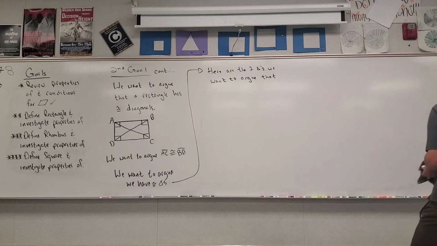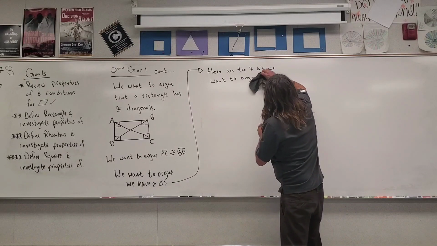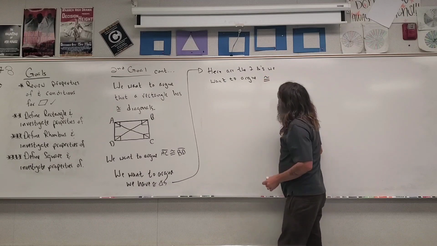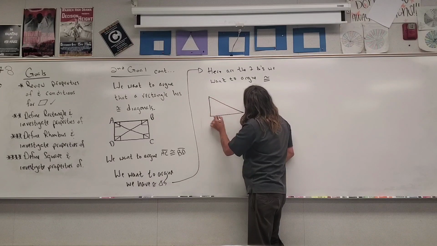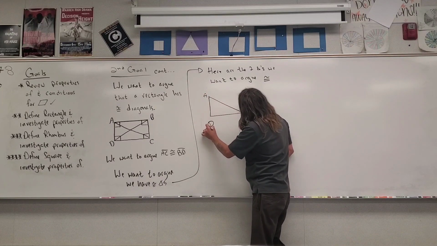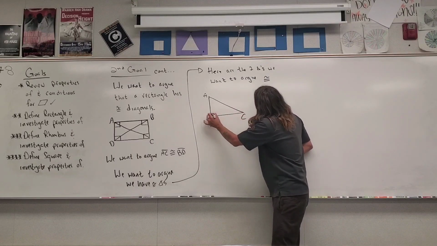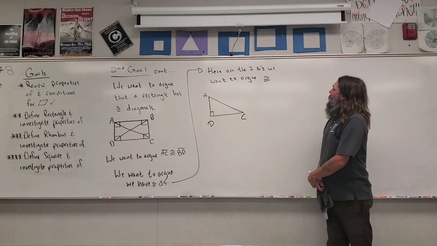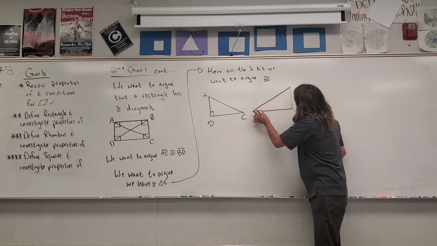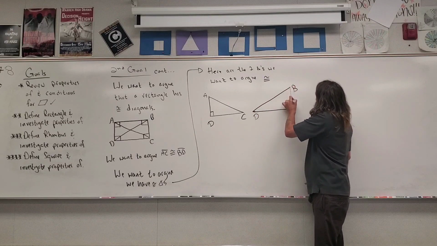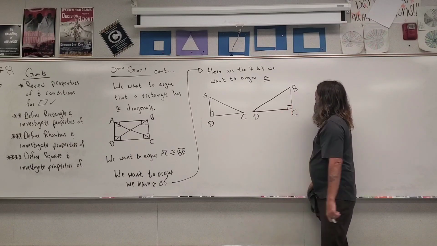My grammar is terrible. Argue congruent. Okay, I'll do that. So we want to talk first about triangle ADC, sorry, ADC. Now we know that that's a right angle, okay? And here's the other triangle separate from the picture, and it would be triangle BCD, and we know that that's also a right angle.